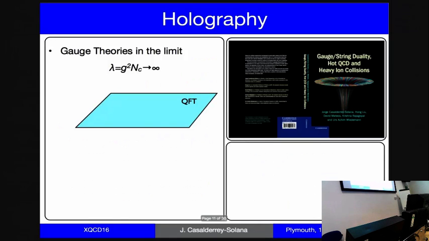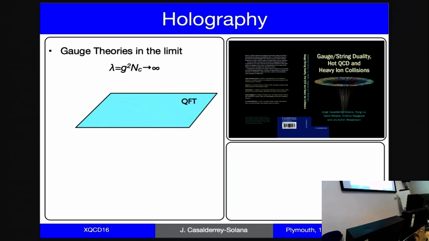So, just in one slide, all the things that you need to know about holography for this talk, or most of the things that you need to know. So what is holography? Holography is just a mathematical relation between a certain set of gauge theories in a particular limit, in which the coupling constant is small, the number of colors is large, but this combination, the 't Hooft coupling, goes to infinity.